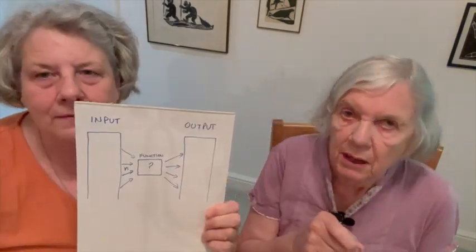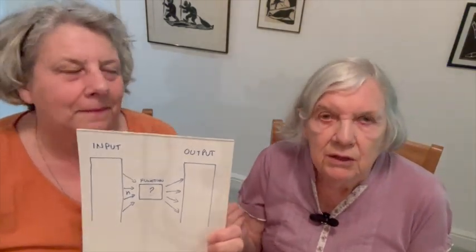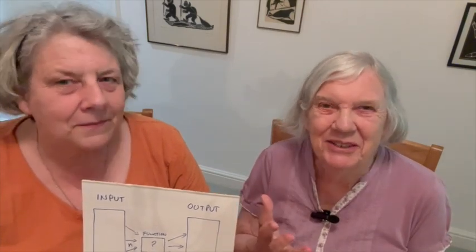Now the function is a rule, like if you put in a number, out comes 3 times that number. Or if you put in a number, out comes a half that number. Or if you put in a number, out comes 5 times that number minus 7. So there are many functions, and the challenge is, can you guess the function?